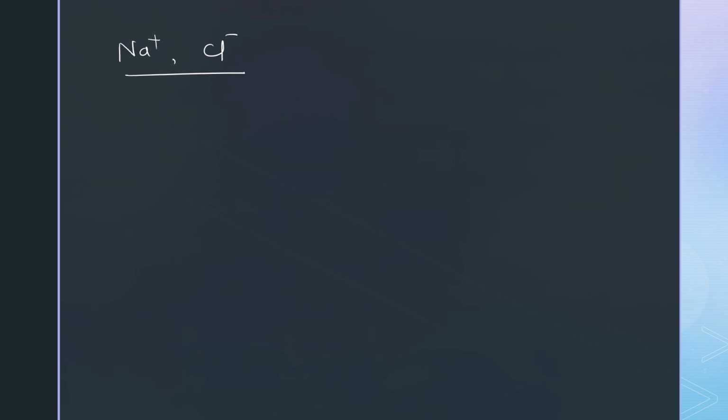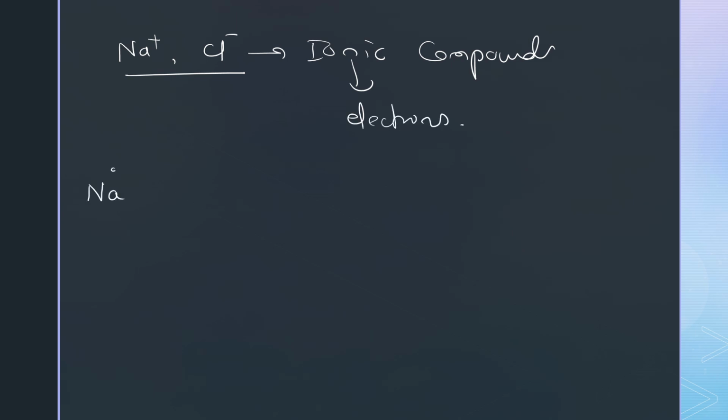So we know that whenever ions come in contact, they form ionic compounds. In these ionic compounds, what do they share? They share electrons. So we can write this as Na, which has 1 electron, plus chlorine, which has 7 electrons.